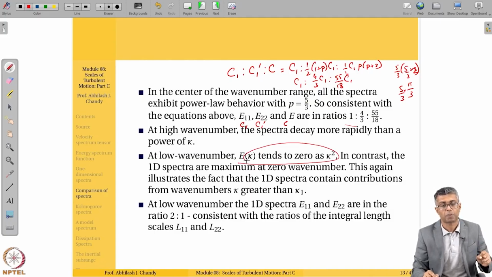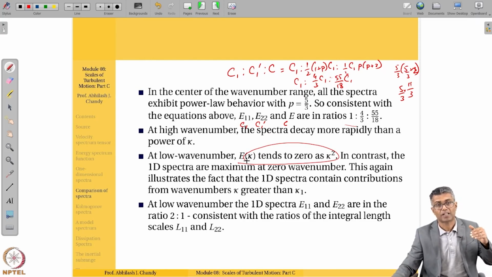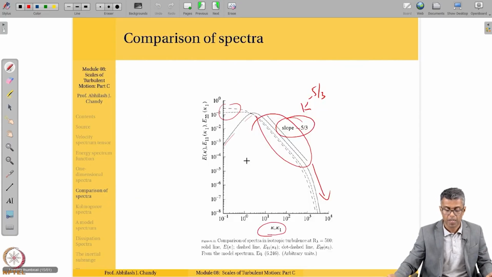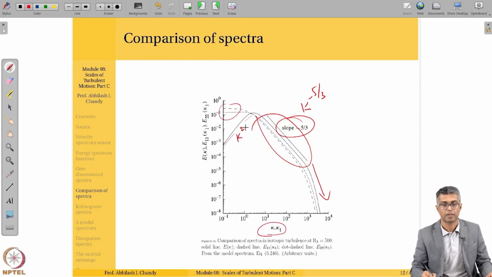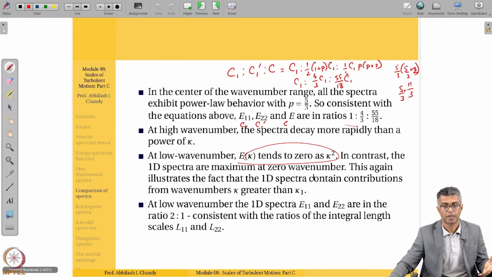This means that the 1D spectra contains wave numbers of kappa greater than kappa 1, isn't it? It again illustrates the fact that 1D spectra contains contributions from wave numbers of kappa which are greater than kappa 1. And at the low wave number, this variation is kappa squared, which is much smaller than kappa to the 1, because it is much steeper, isn't it?